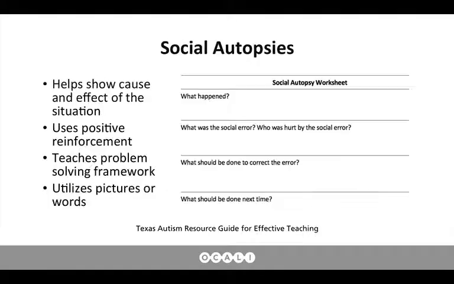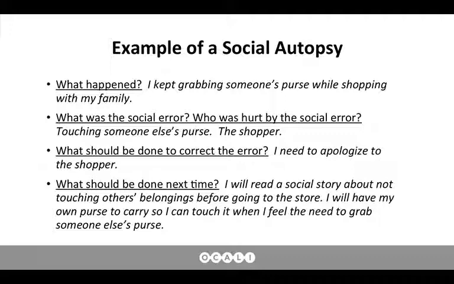Social autopsies are used after a social situation goes wrong to help teach the individual how to handle the situation correctly the next time. Social autopsies can also show cause and effect of the situation, use positive reinforcement, teach a problem-solving framework, and utilize pictures and/or words. In this example, a girl kept grabbing someone's purse while shopping with her family.